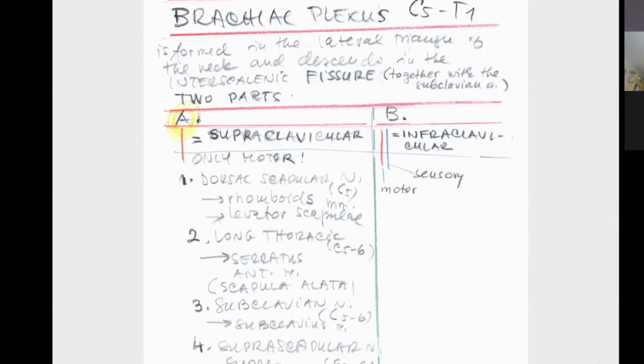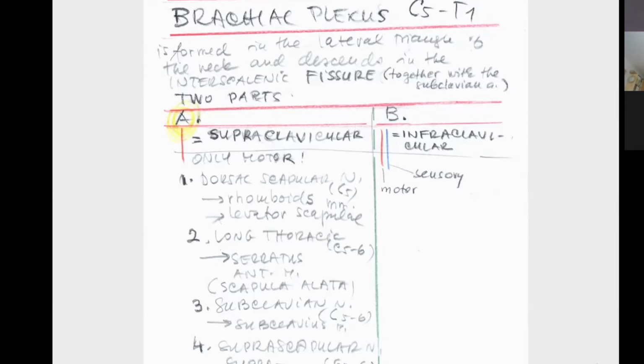I'm sure that you remember that we defined the interscalenic fissure as the fissure between the anterior scalenus and middle scalenus, and that the brachial plexus passes together with the caudally oriented subclavian artery, while the subclavian vein lies in front of the scalenic fissure.